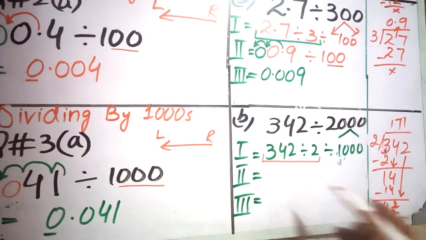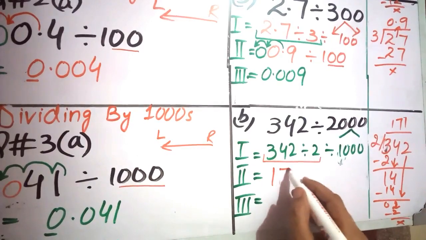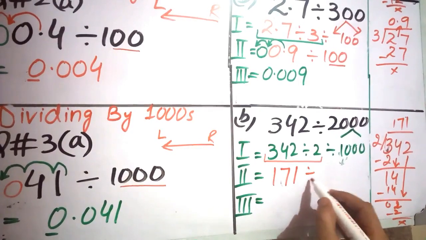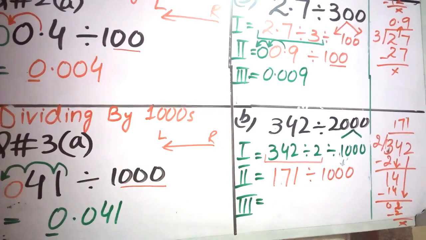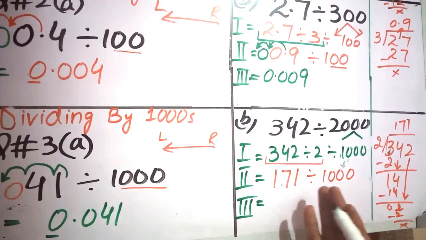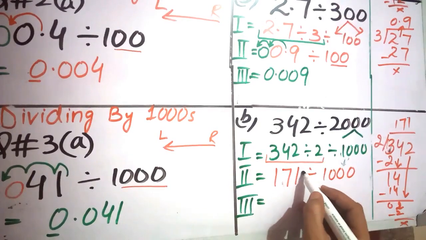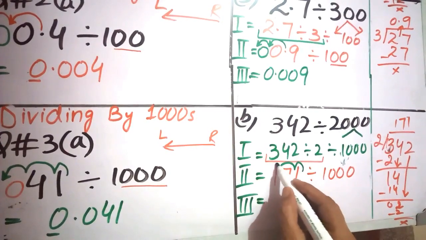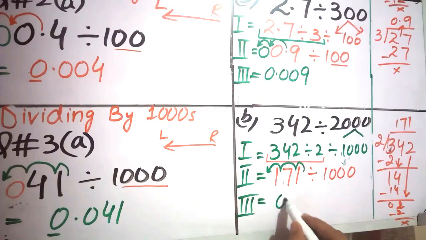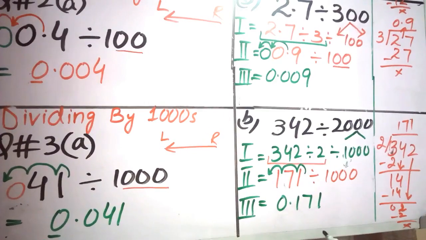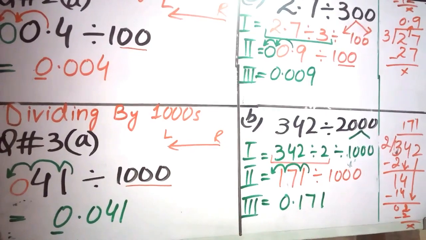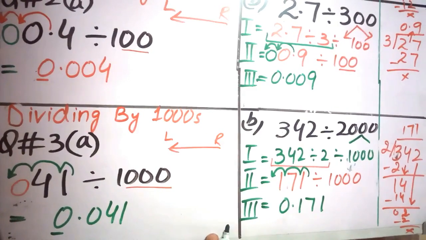Then we will get 171 divided by 1000. Again you will shift the point towards the left to make it 1, 2, 3. Then we will get 0.171.